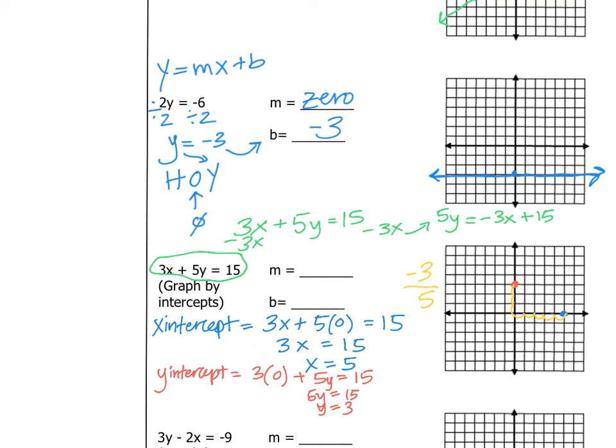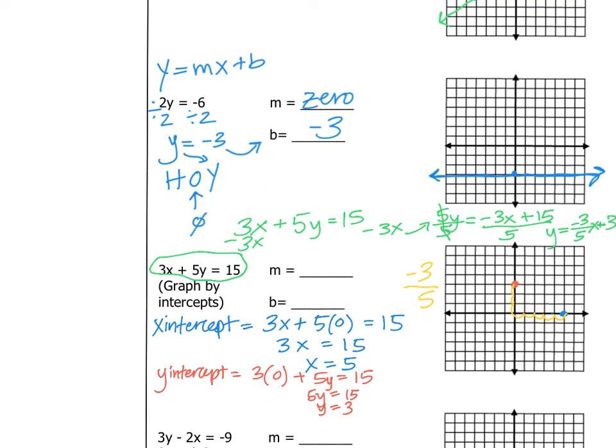Okay, and then I need to divide by 5 on both sides because I want y by itself. So divide by 5, divide by 5. When you do that, these cancel out. And so this would simplify to y equals -3/5 x plus 3, because we have 15 divided by 5, so plus 3.